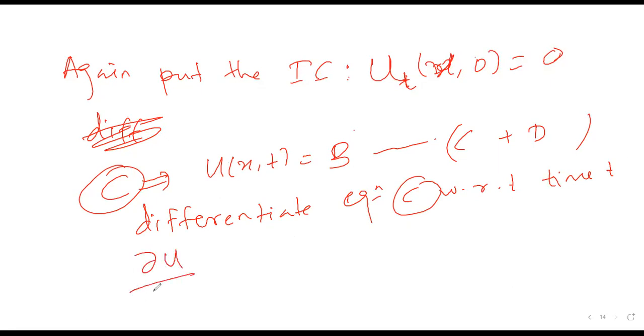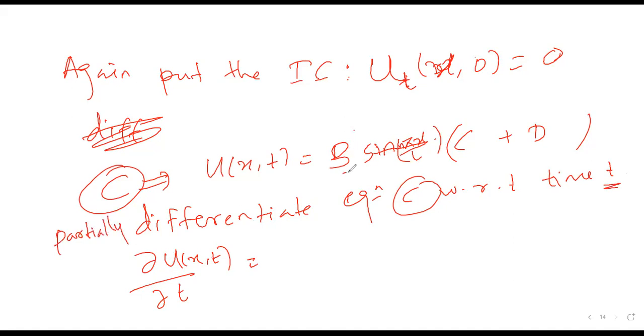The partial of u with respect to t of x comma t is equal to sine n pi x over L. So we differentiate with respect to t, partially.